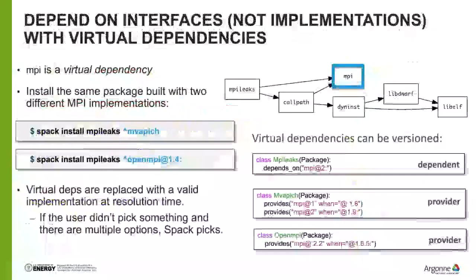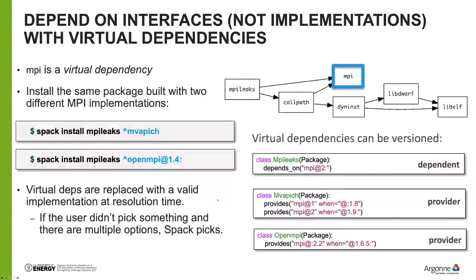Another thing Spack allows is virtual dependencies. In Spack, a good example of this is that MPI is a virtual dependency. You can declare a package to depend on MPI without having to say it depends on MPICH or OpenMPI. You can just say it depends on MPI. And then when you're actually building it, you can tell it which one you want to use.